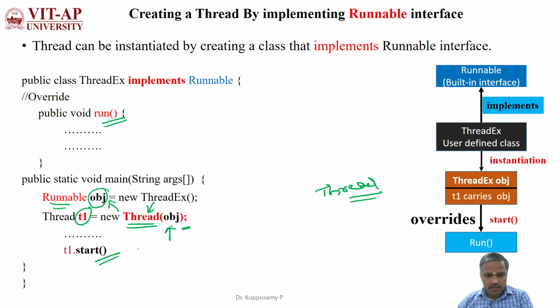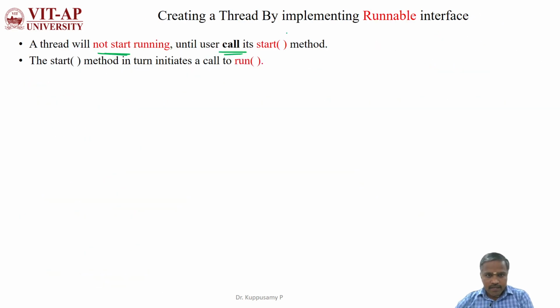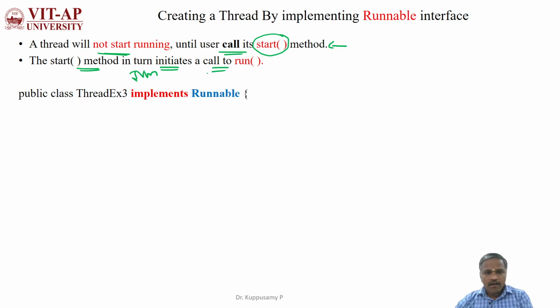From this statement we should understand that until we call the start method, the run method will not execute. Once you call the start method, the JVM initiates the call of the run method. Based upon that, here we are giving the example.